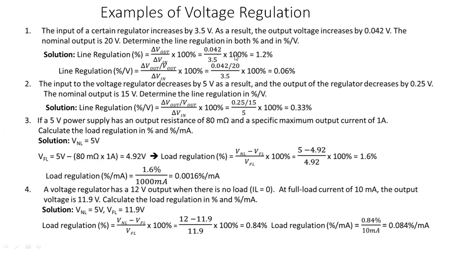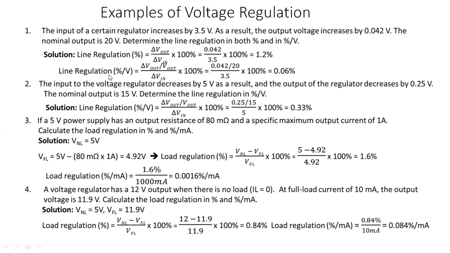Into 100% we can take as it is. If you solve these values, you will get 1.2. So line regulation percent equals 1.2%.